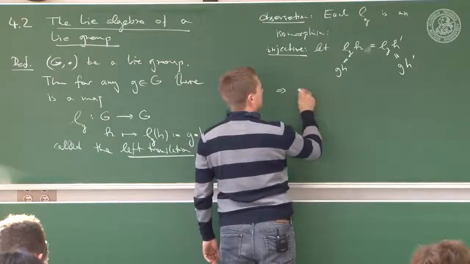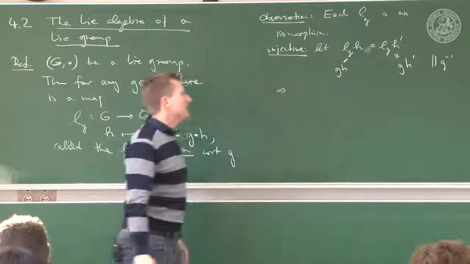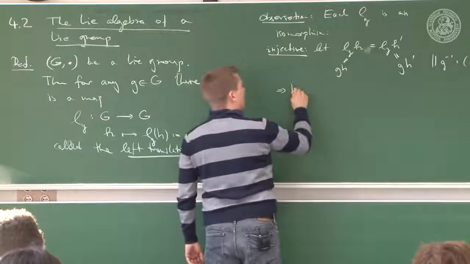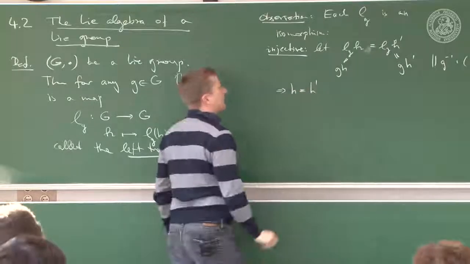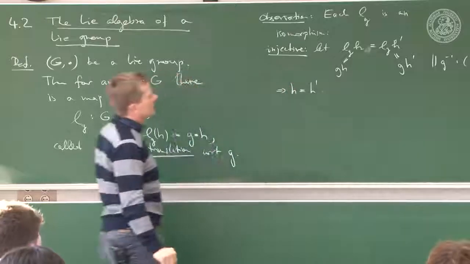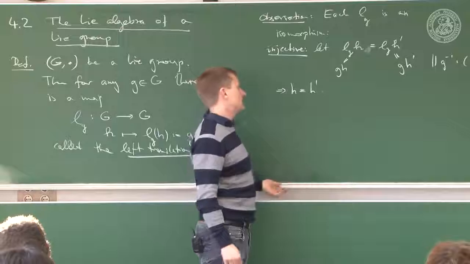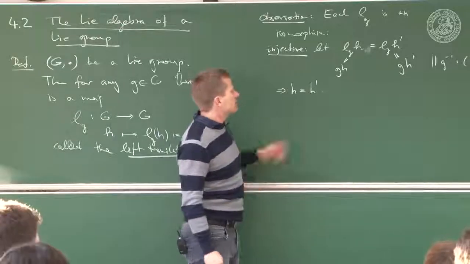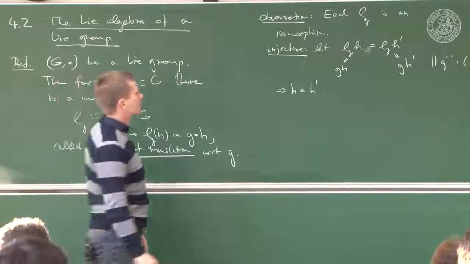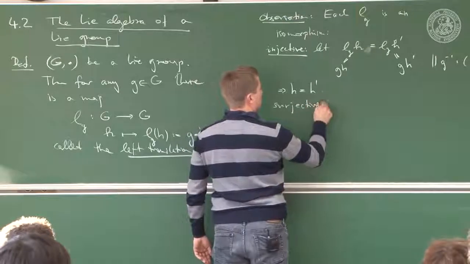Therefore, if you wish, on both sides you can multiply from the left by the inverse, and you find h is h prime. So if the images coincide, and it then already follows that the points at which the map was applied coincide, then the map is injective. Now, why is the map surjective?